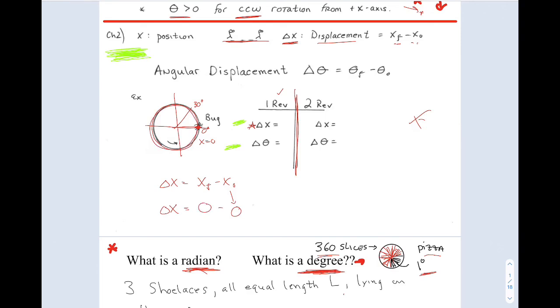The final position is the same x coordinate. So the bug ends up where it started. Delta x is displacement, and the displacement is 0. The angular displacement, delta theta, is 2 pi radians.